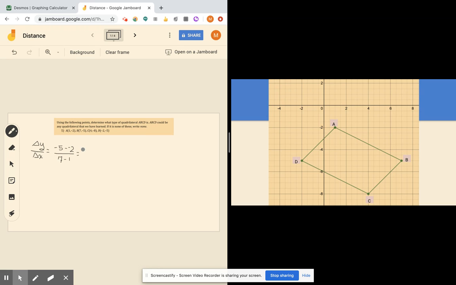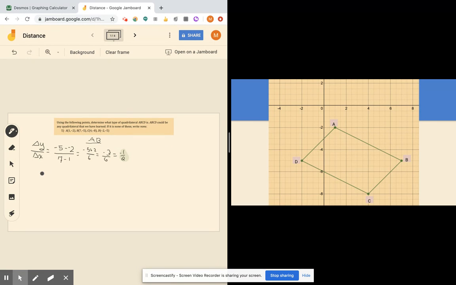That leaves us with -5 plus 2 over 6, which is -3 over 6, which reduces down to -1/2. So our slope for AB is -1/2. Again, we're first starting with AB, so I want to clarify this is for AB.